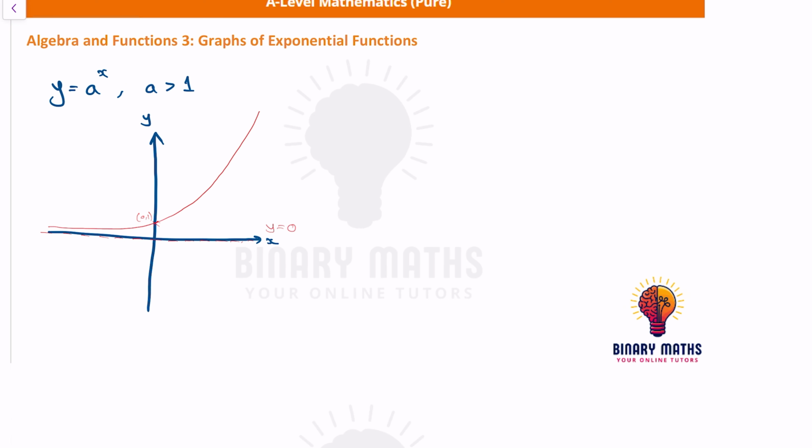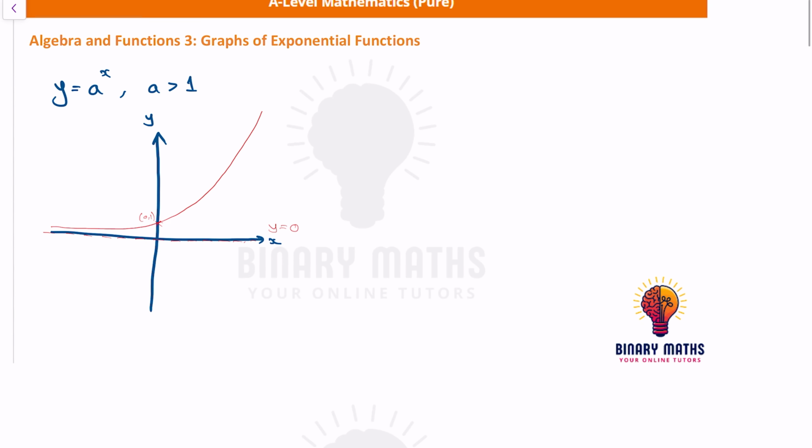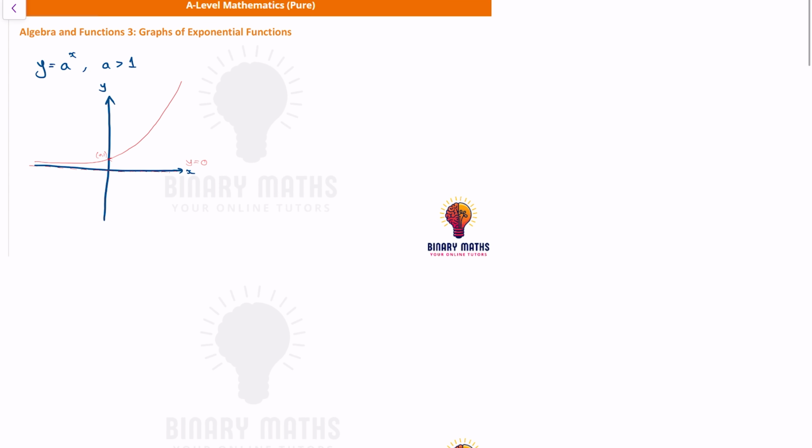So if we were to write out the key features of this graph, the first thing is there's a y-intercept at (0, 1), since a to the power of 0 is always equal to 1 for all real numbers a.